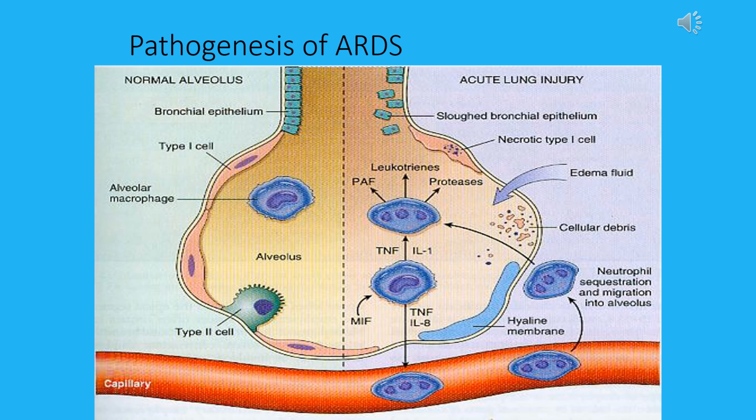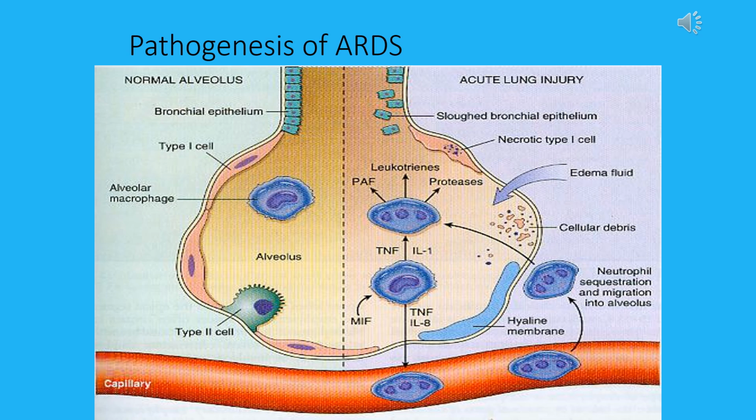An alveolar macrophage is secreting cytokines interleukin 1, 6, 8, and 10, and tumor necrosis factor alpha, which act locally to stimulate chemotaxis and activate neutrophils.